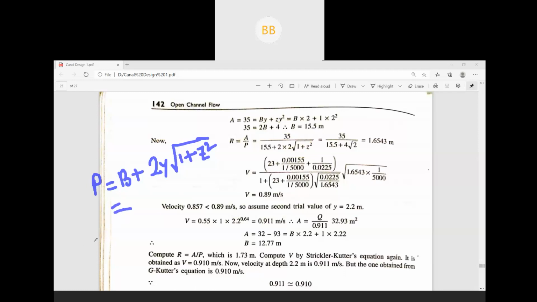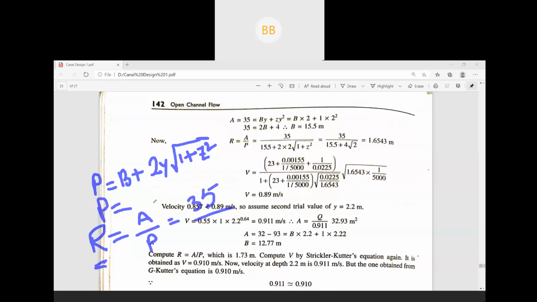And then you find out the hydraulic radius. This is nothing but area by wetted perimeter. So first you find out the wetted perimeter value, then you find out the r value, because area we have already calculated, that is 35 meters square, divided by the wetted perimeter.